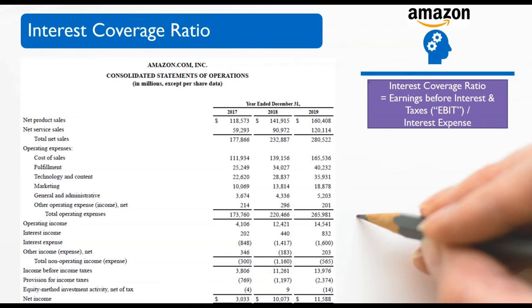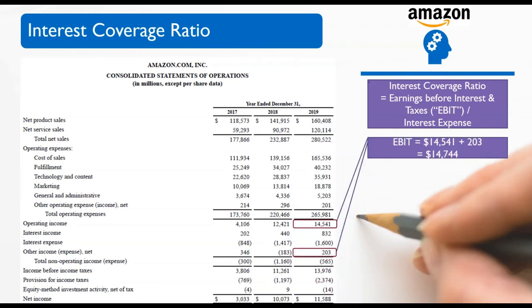So how is this ratio calculated? Interest coverage is calculated as the company's annual operating income, or earnings before interest and taxes, EBIT in this case, divided by the interest expense during the year. So to calculate EBIT, we'll first start with operating income of $14.5 billion, and we'll add other income of $0.2 billion.